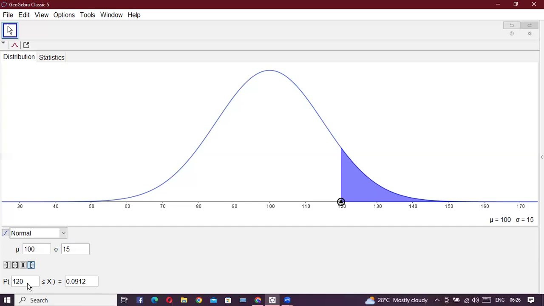which gives 0.0912. When you write that value down, you also calculate from 130 to the end, which is 0.0228. Subtracting the value from 130 from the previous one gives the area between 120 and 130. That is just an application of mathematics.